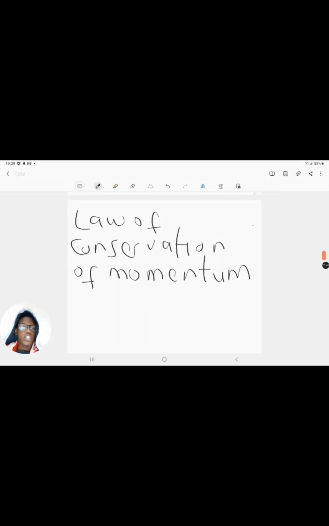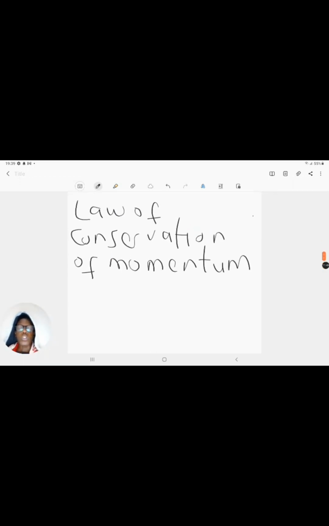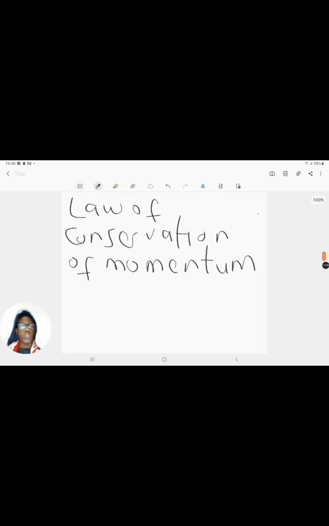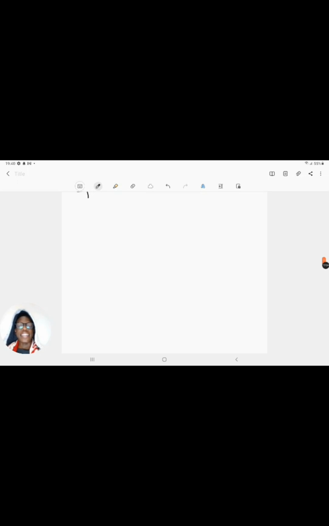The law of conservation of linear momentum states that in a closed system, as we covered in a separate video, the linear momentum is conserved, or is constant, or does not change. You can say the same thing in a number of different ways. The linear momentum in an isolated system is constant.